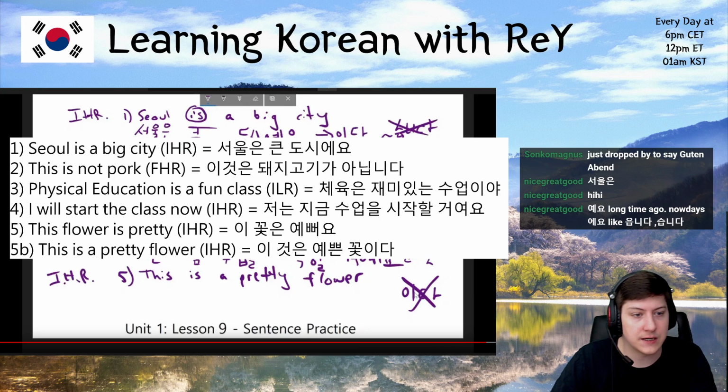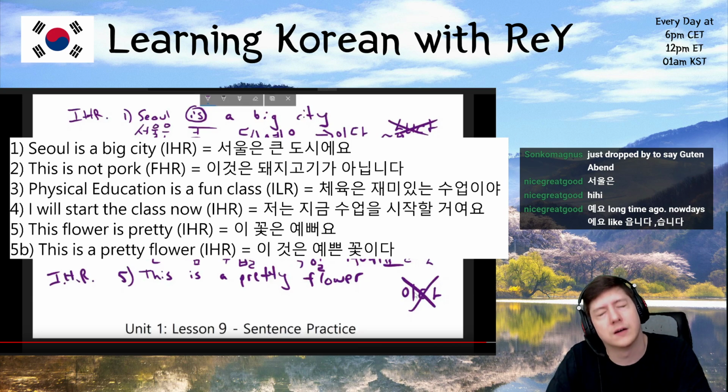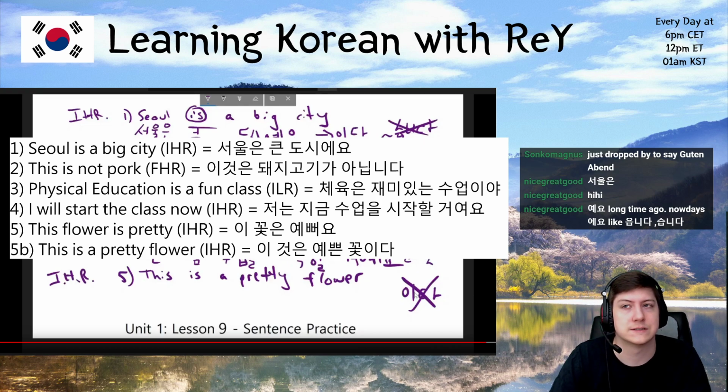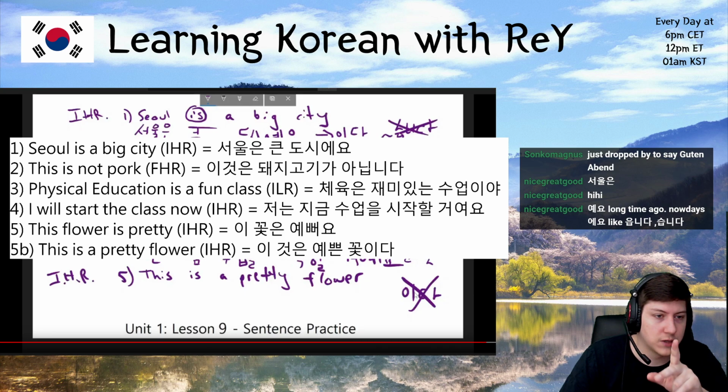Now we conjugate ida. Informal high respect form should be 이어요 or 여요. What do we have in the end here?